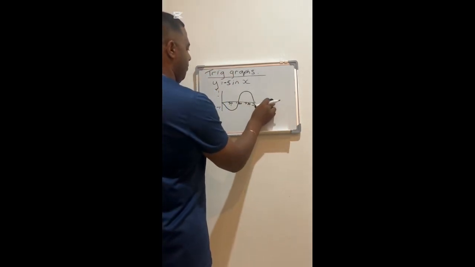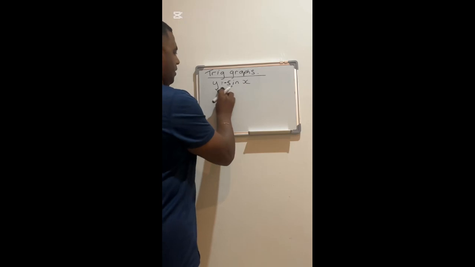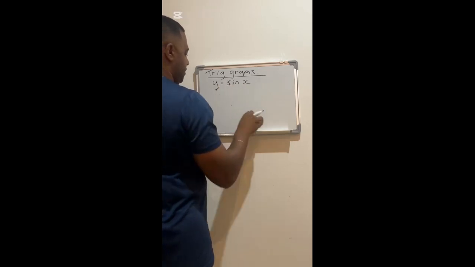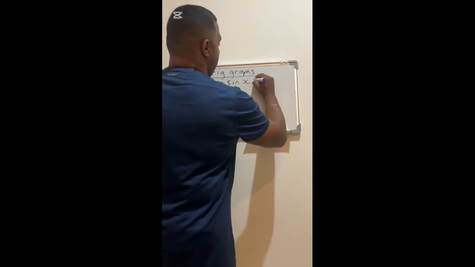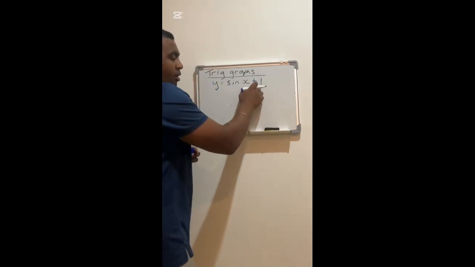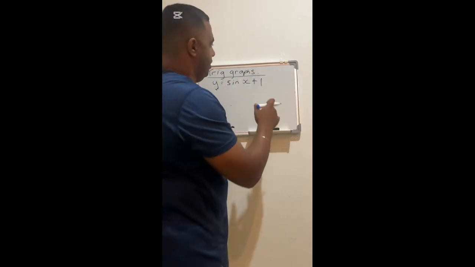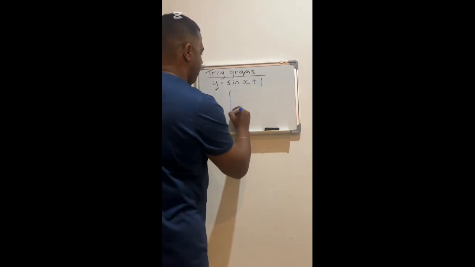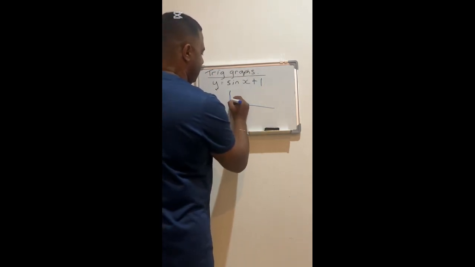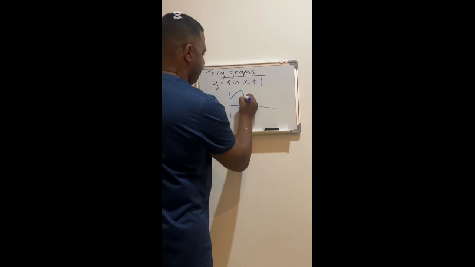The fourth thing they can change is if you add a 1 or you subtract numbers here at the back, that basically means your graph goes up and down. So if you added 1, we normally start at 0, you will start at 1.